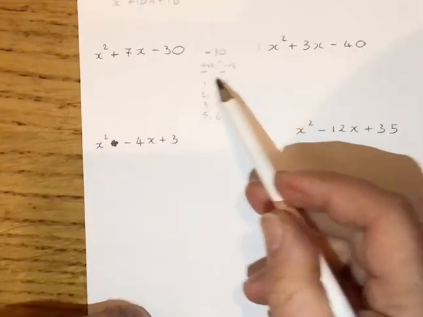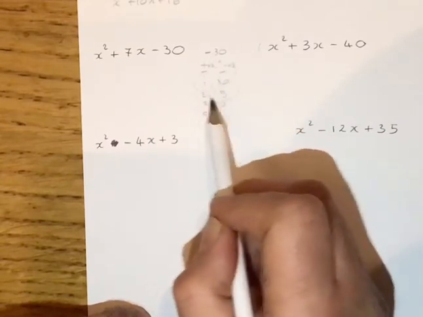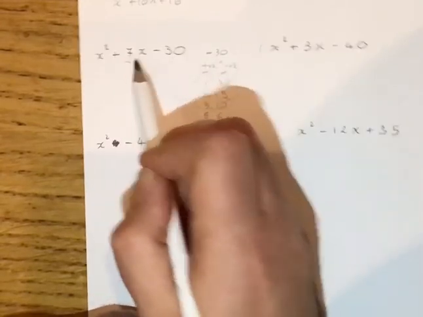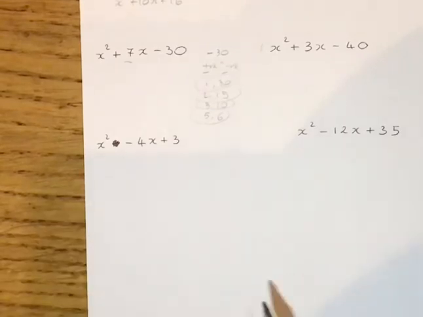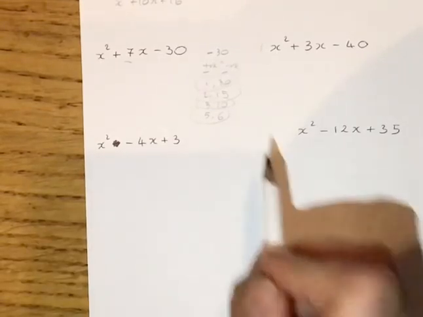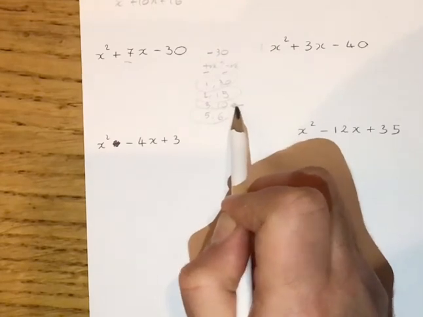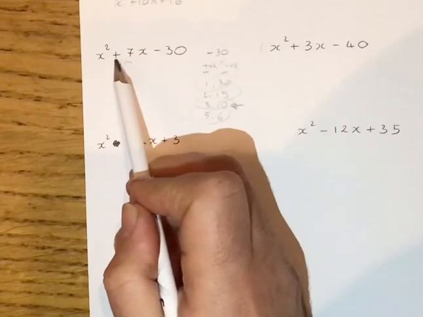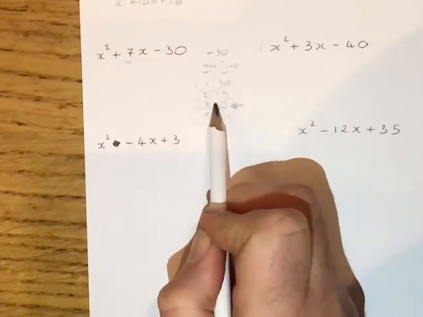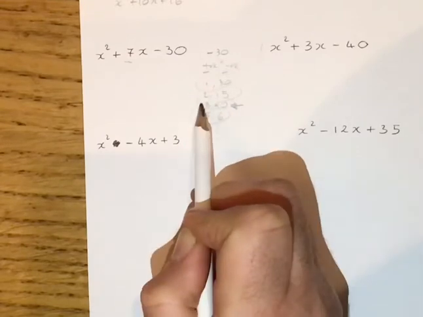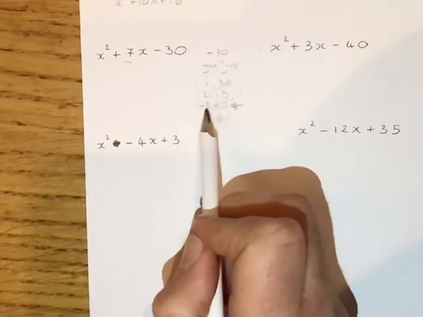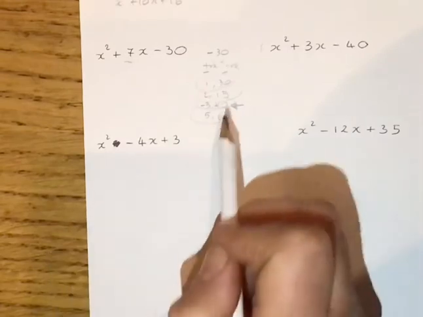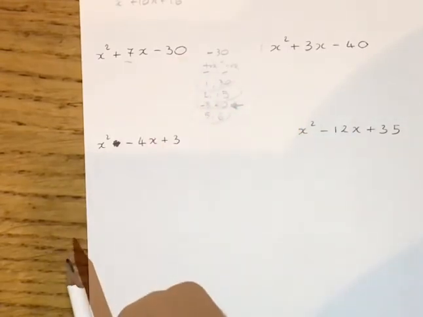So which pair of numbers can make 7, knowing that one has to be positive and one negative? The only option is 10 and 3. Because it has to be positive 7, sign-wise we are going to use positive 10 and negative 3, because if you add them together you get positive 7, and if you multiply them together you get negative 30.